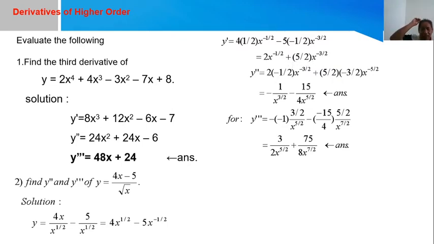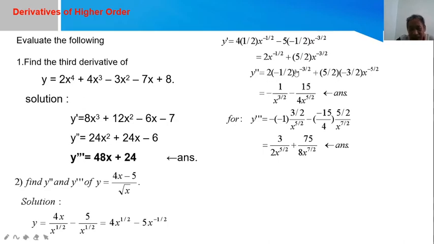My second derivative is obtained by further differentiating my first derivative, which is this one. So 2 times 1 half, negative, correct? x to power minus 3 halves, plus 5 halves times negative 3 halves, x to power minus 5 halves.